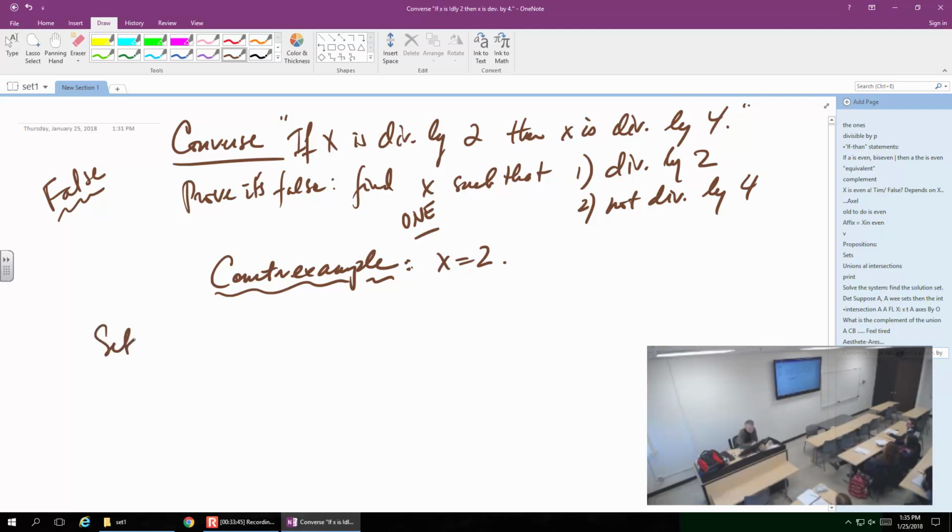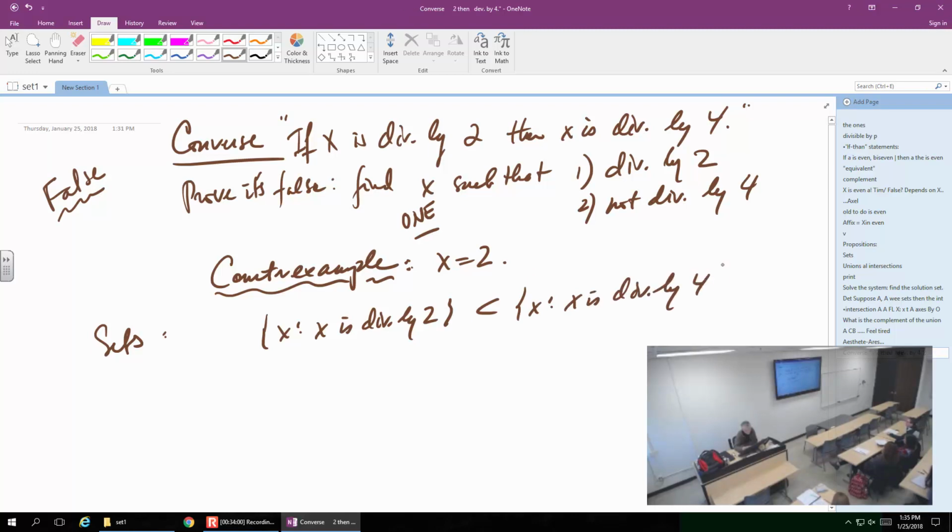All numbers divisible by 2, X divisible by 2, is a subset of X divisible by 4. I'm restating this false theorem.